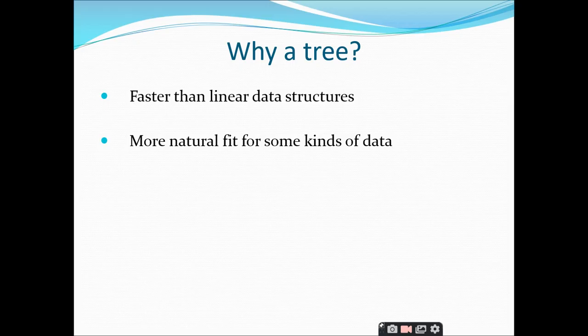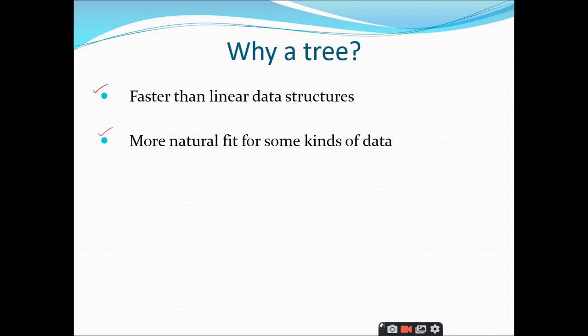Why a tree? When somebody asks you what is the reason for implementing trees, it has the benefits of both ordered arrays and linked lists. We can have efficient search, insertion and deletion operations with respect to trees. So they are faster than the linear data structures in terms of searching, insertion and deletion, and they are a more natural fit for some kinds of data.